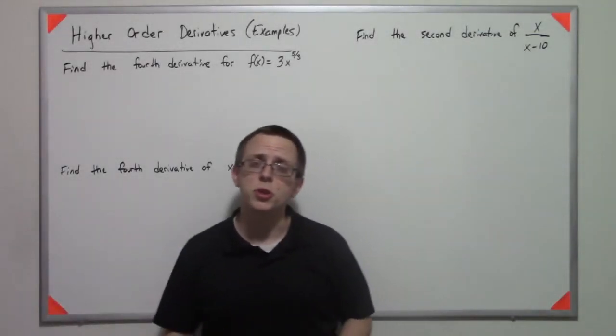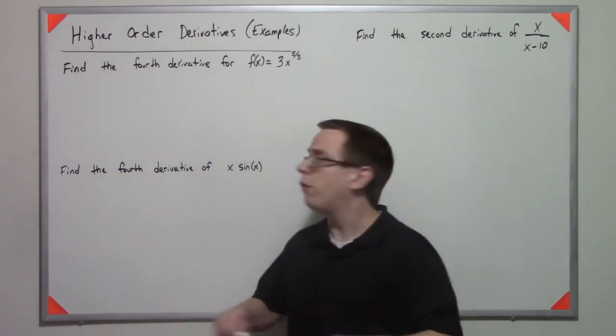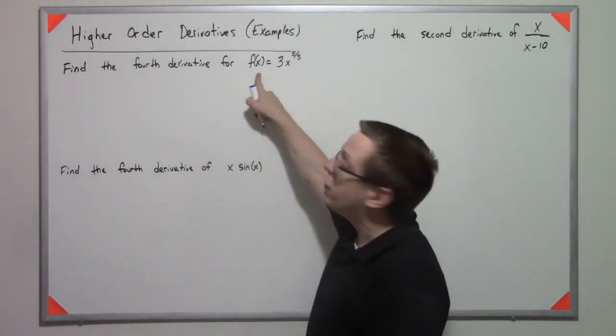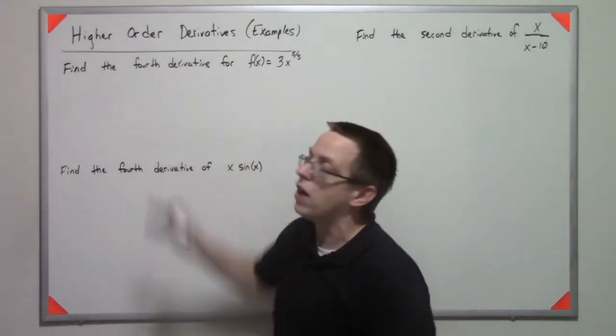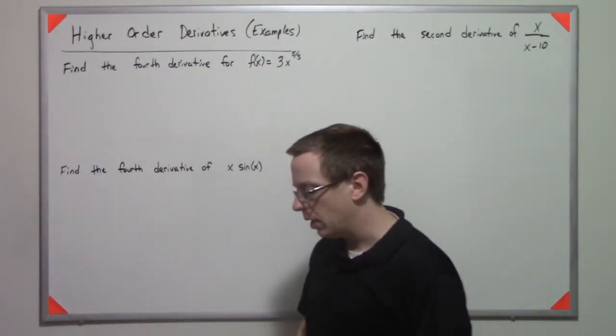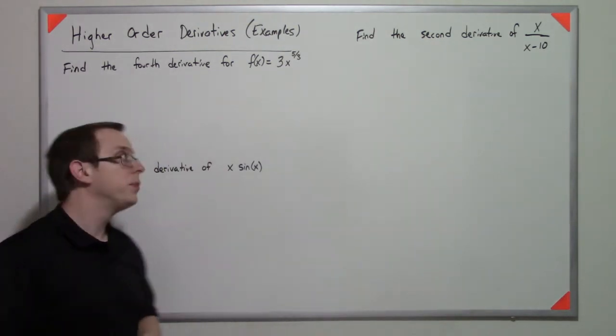Let's practice doing some higher order derivatives given some explicit functions. Our first function is f of x equals 3 times x to the 5/3, and we want to find the fourth derivative. So the way we're going to do this is we're going to take four derivatives.